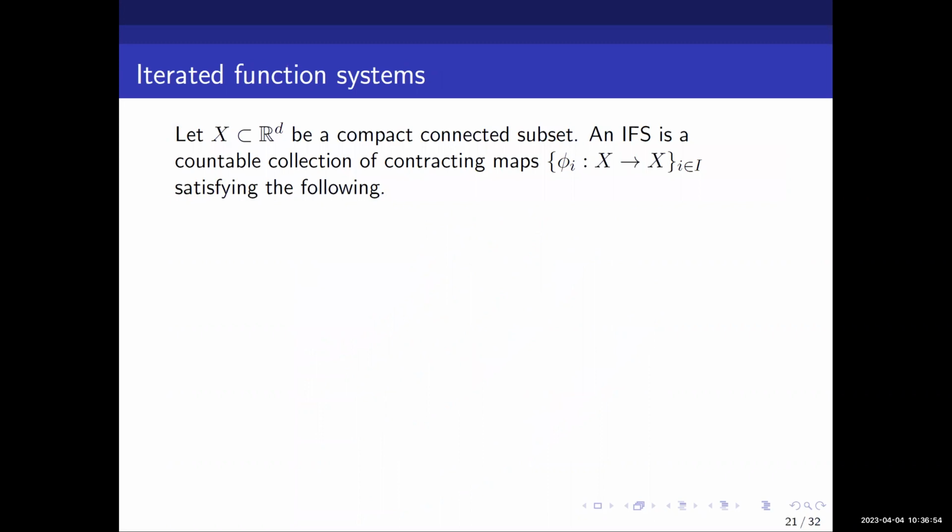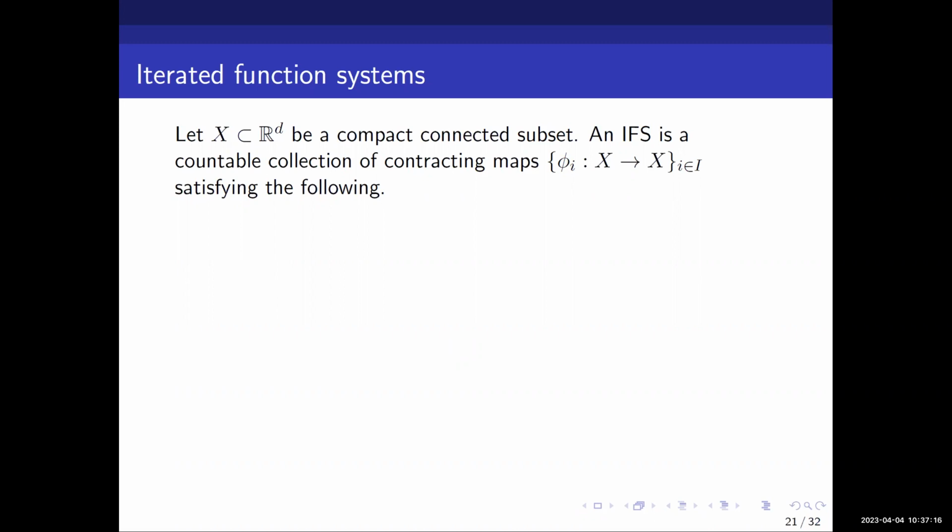So classical fractals are attractors of iterated function systems. You can take a set of maps acting on some nice subset of Euclidean space, and you want them to contract.